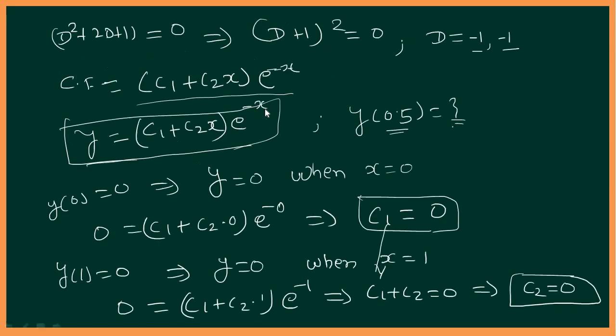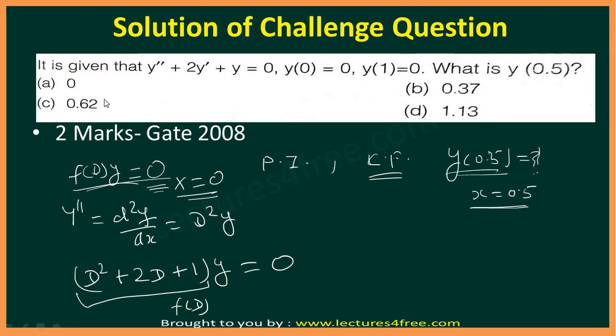Now let's see the options. In option A you are getting 0. Hey guys, if you have seen my GATE tips related lecture, there I have said this earlier: when you are getting any unusual option in the answer, then its probability increases. In this question you can see option A is unusual, it is 0, while the rest of the options are numerical values 0.37, 0.62, 1.13.